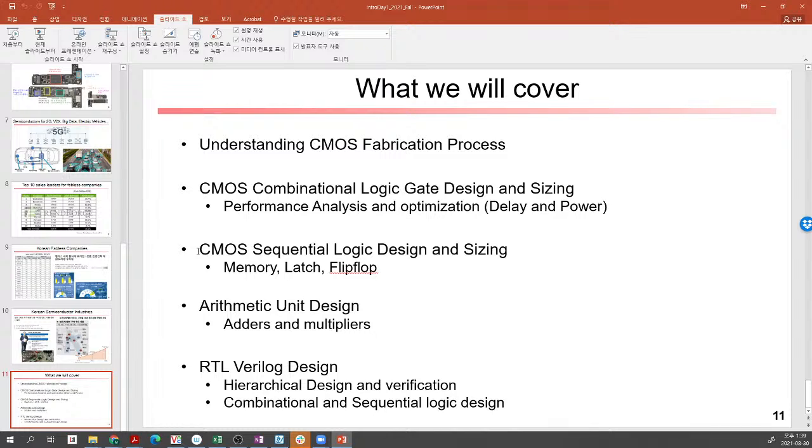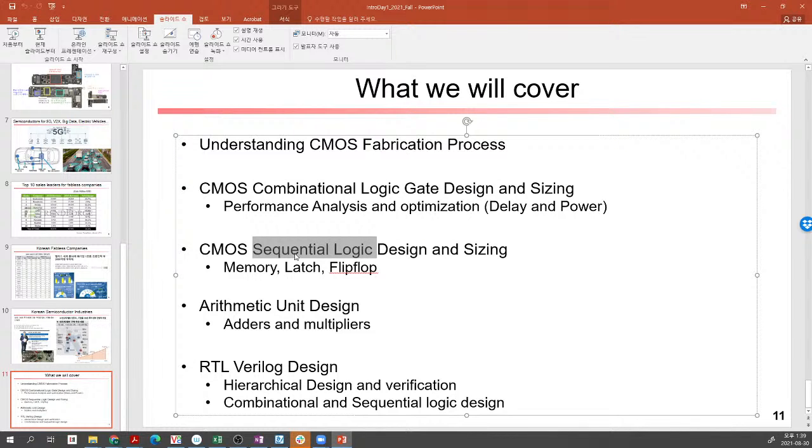This kind of sequential logic behaves differently based on the previous data sequences. This is something that we have to learn. For digital design, if you understand combinational logic and sequential logic, then that's all.